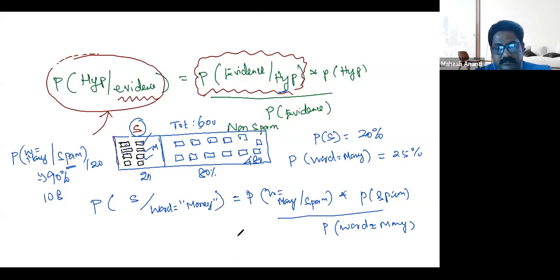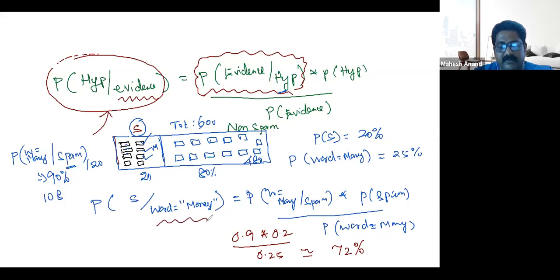So substitute 0.9 times the probability of spam, 20%, 0.2, divided by the overall probability out of the total email. The probability of occurrence of the word money is 25%. I plug in all these values, and if you simplify, this is found to be 72%.